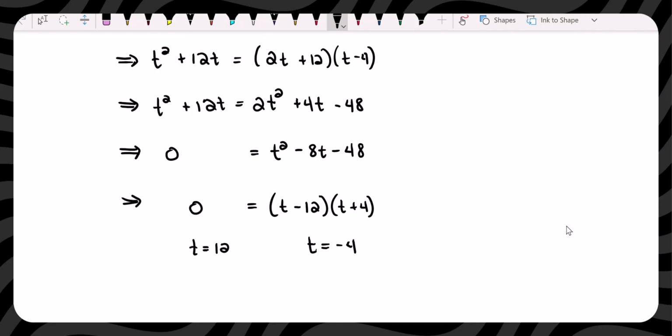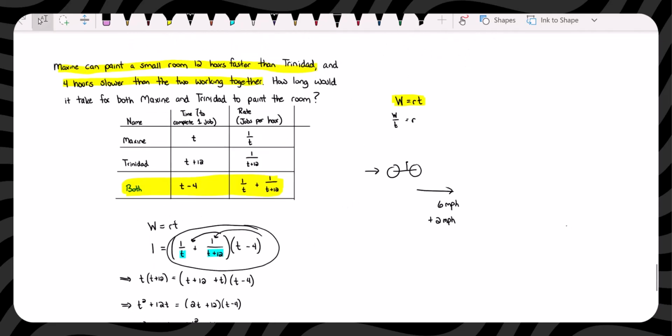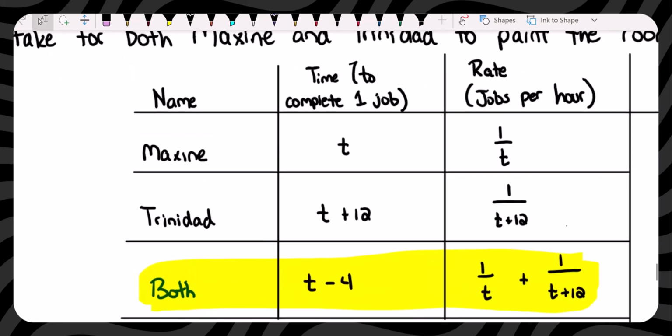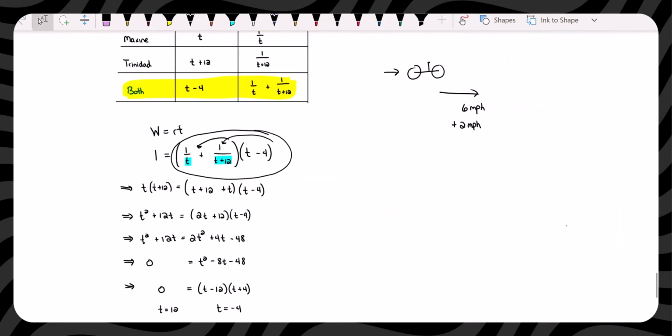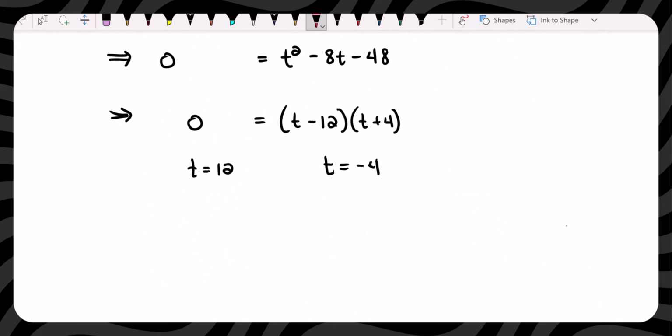Now remember, t is the length of time that it takes Maxine to paint a room. So obviously t equals negative 4 is not realistic. So it takes Maxine 12 hours by herself to paint the room.